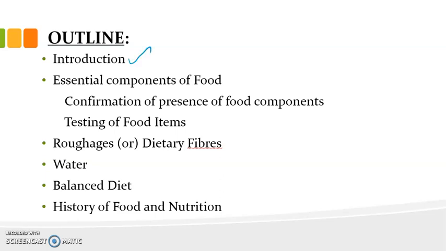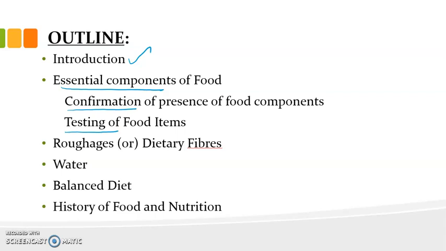Next, what are the essential components involved in a food? After that, we will learn how to recognize or confirm the presence of food components. After that, we will discuss how to test the food items. Next, roughage or dietary fibers and water.